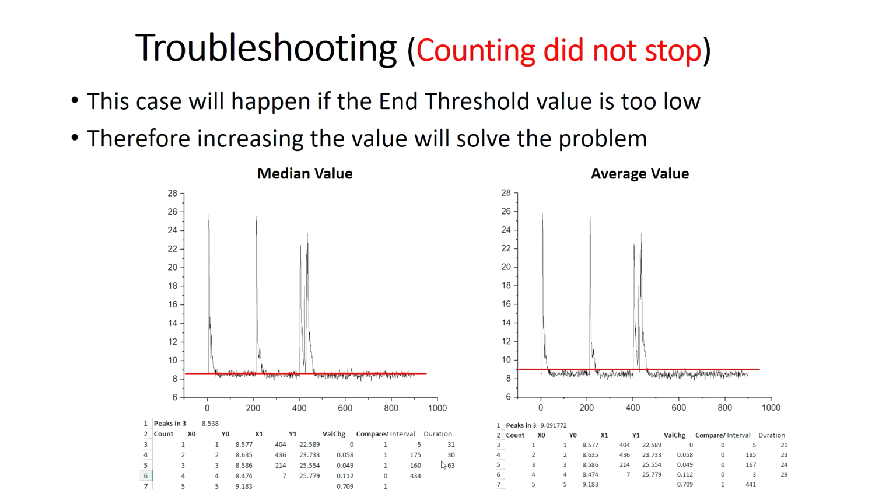So the duration is really high. But if we increase the value from the median value to the average value, it will change the number of peaks to 4, and the duration will also change. Therefore, we will have 4 durations here, the same as the peaks that we have here.